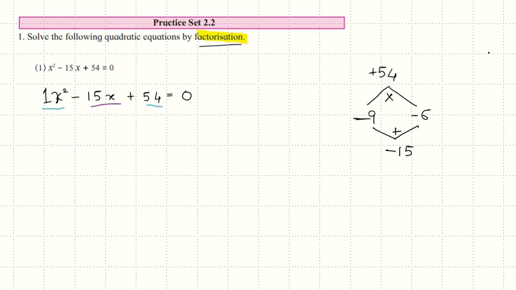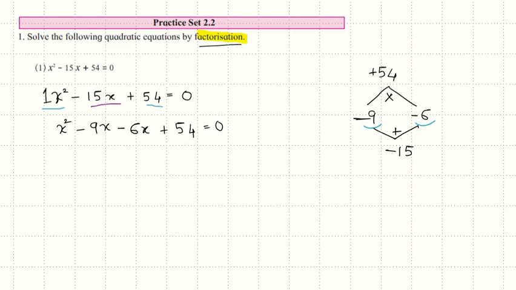Now let's write this down in solving the equation. This is x squared, then we replace minus 15x by minus 9x and minus 6x, and write the third term again, which is plus 54 is equal to 0.